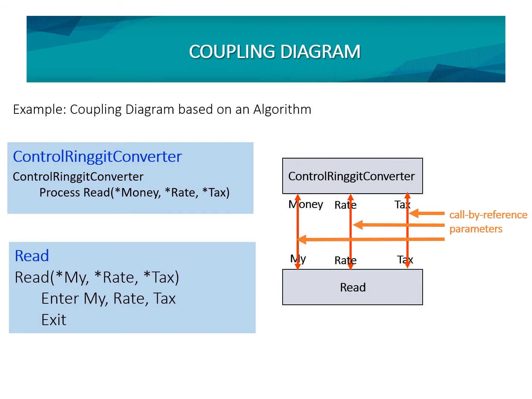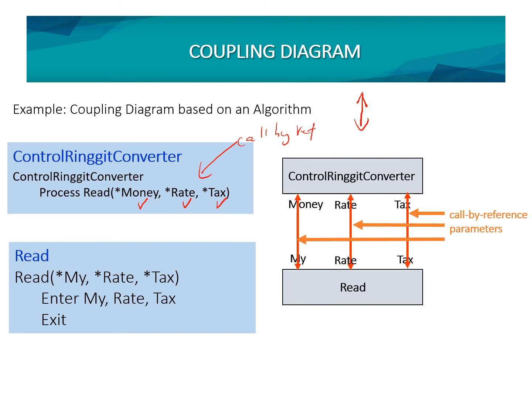and we have a process read, and we are sending three parameters: money, rate, and auto text. Right now, these three parameters are called by reference, which means we are going to use double-headed lines.